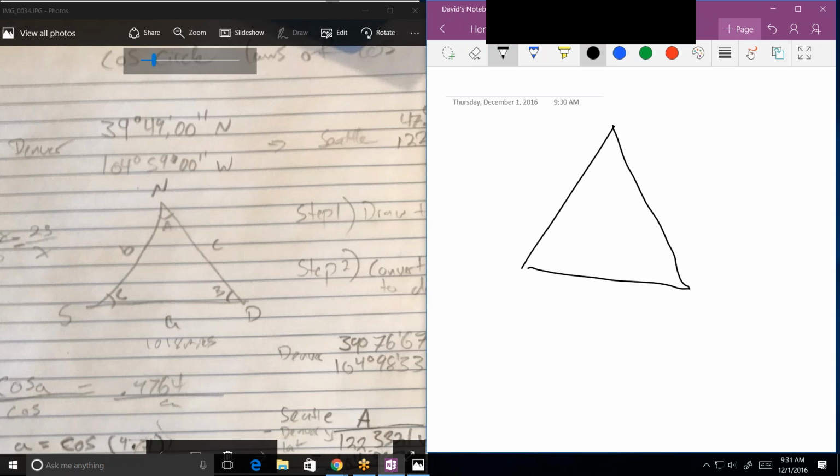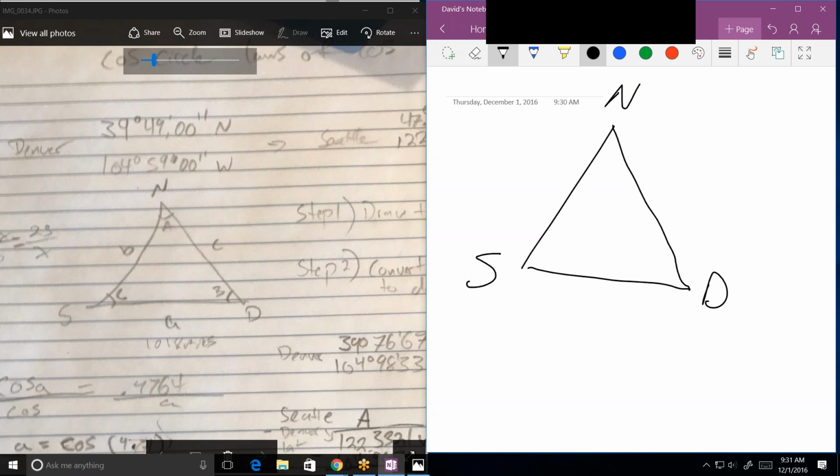now, so if that's the North Pole, that's Denver, and that's Seattle. Correct. What other information did they give you? In other words, do we know the distance between N and D? N and D on the outside, it was lowercase c. Do we know the distance between the North Pole and Denver? So how to find that?